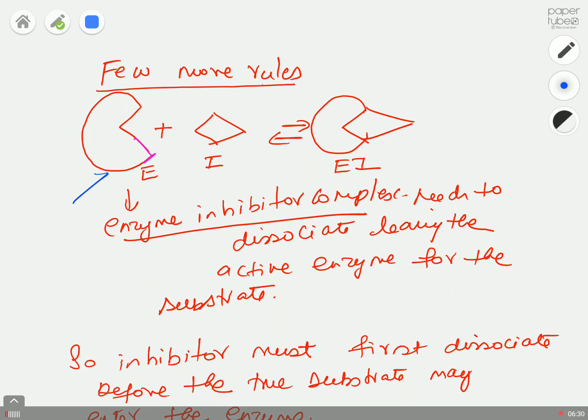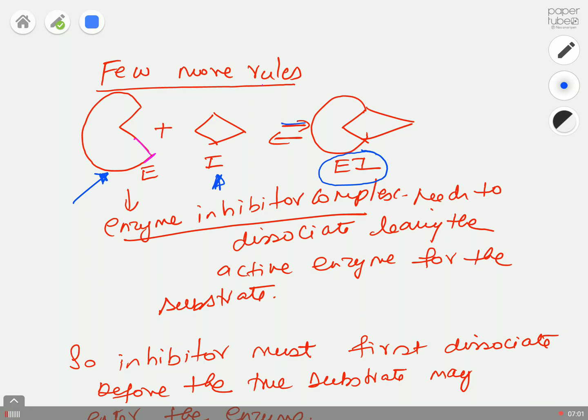That's your enzyme complex, that's your inhibitor complex, and they come together, or associate together, to form an enzyme inhibitor complex. In the mechanism and kinetics, we all know enzyme plus substrate come together to form an enzyme substrate complex. In this case, since you have a structurally similar impurity, like structurally similar to your substrate, it can also form an enzyme inhibitor complex.